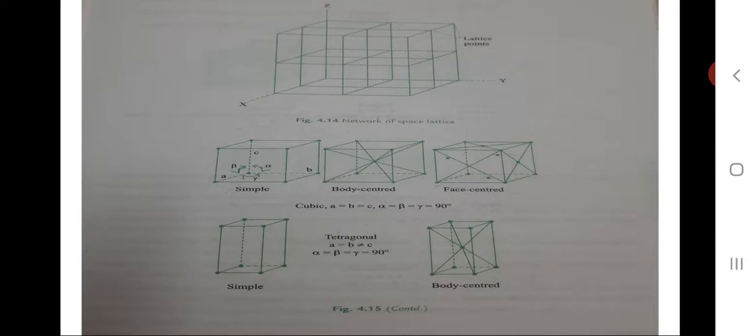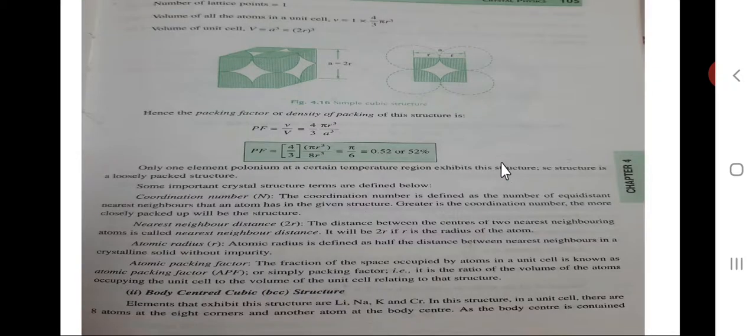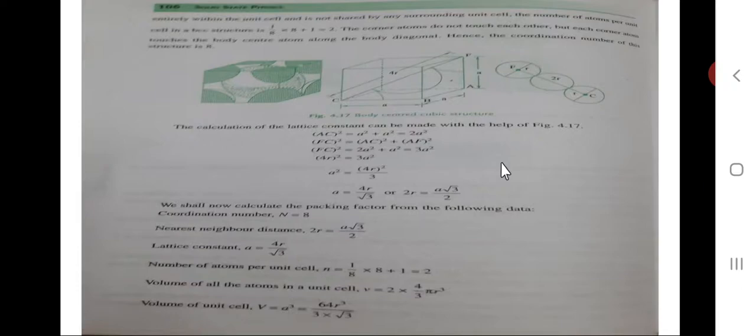Considering the atom at the face center as an origin, it can be observed that this face is common to two unit cells and there are 12 points surrounding it situated at a distance equal to half the face diagonal of the unit cell.